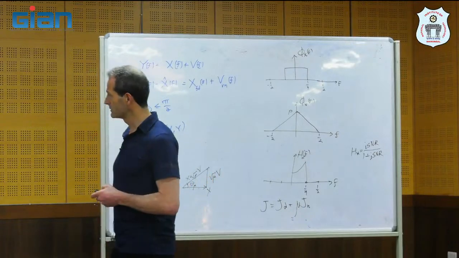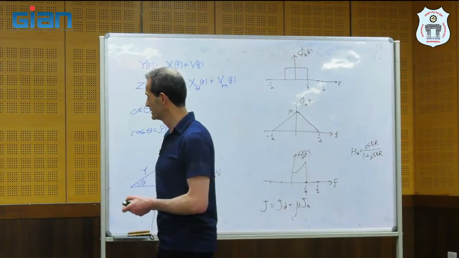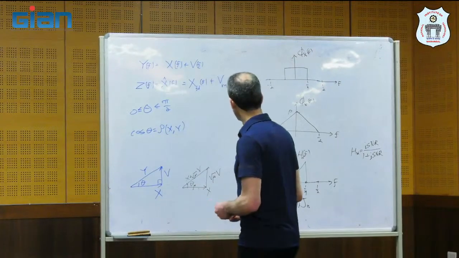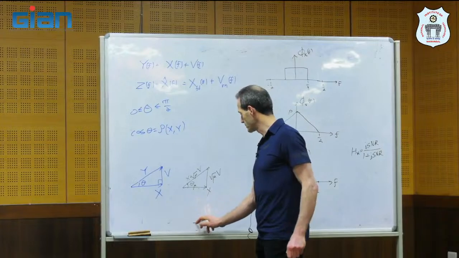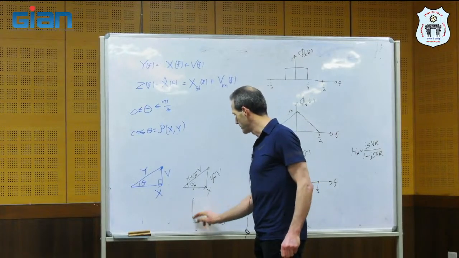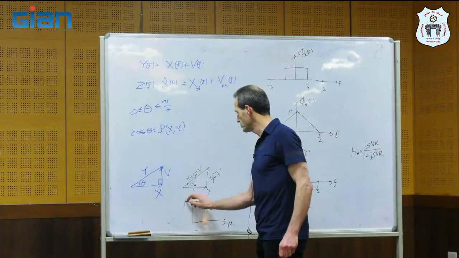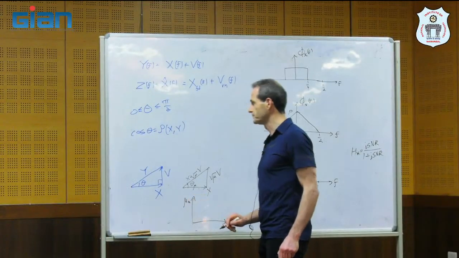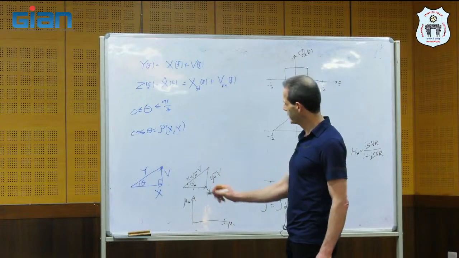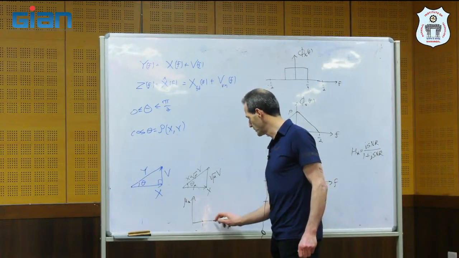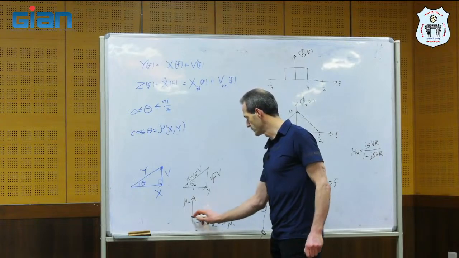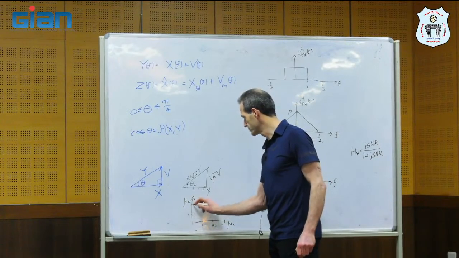But first, let me give you certain specific cases. If I see a map as a function of mu1 and mu2, let's say here 1, here 2, here 1, here 2.